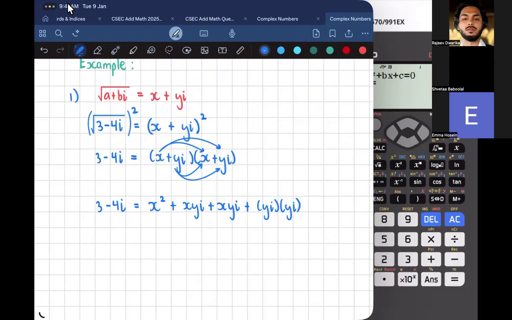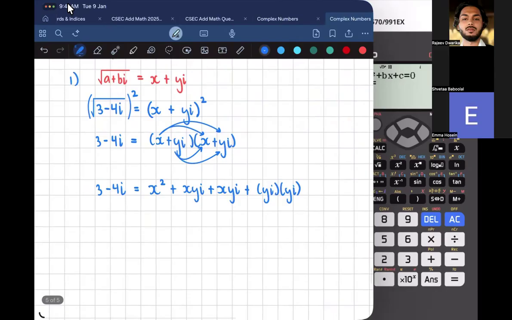Yeah, I had the minus there because I had jumped to the answer one time, but if we're going to use these notes to study, I don't want to just jump straight to the answer. That's wrong. I'll put it in full working for now. So 3 minus 4i, right? So straight up, what would xyi plus xyi be? 2xy.